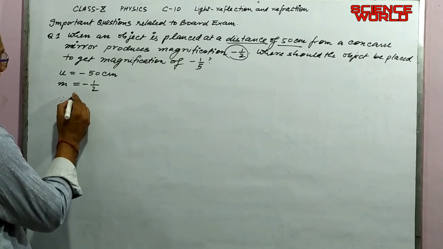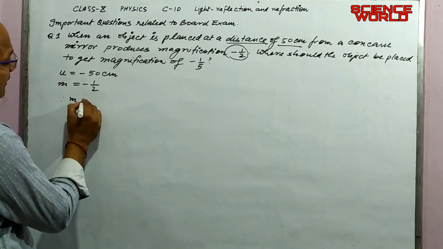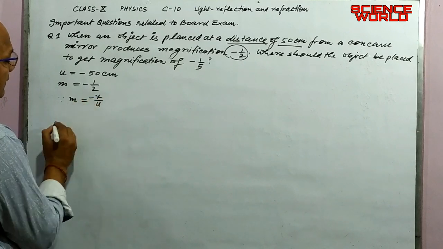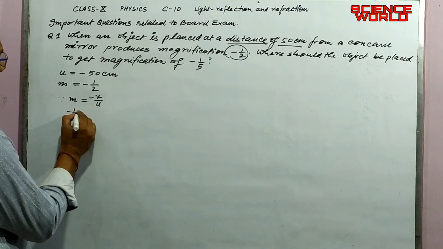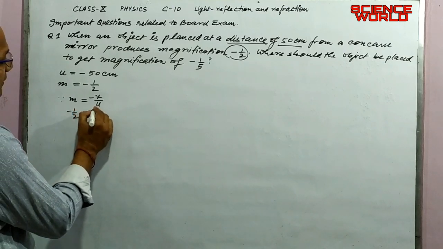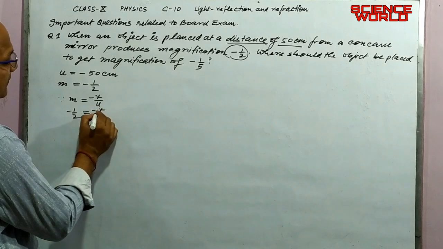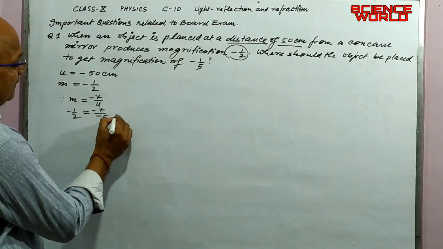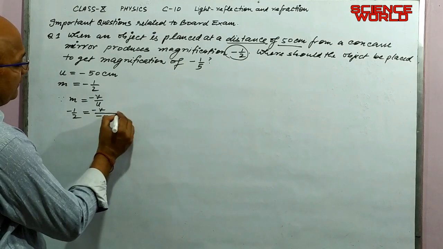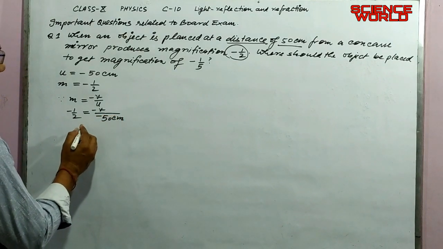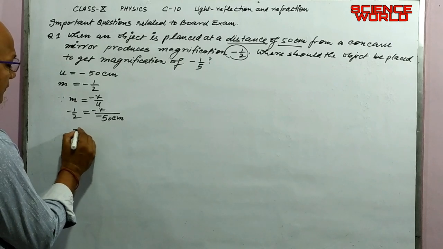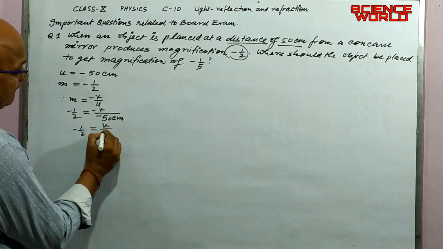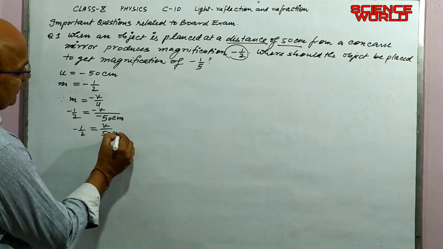So, we will use magnification formula. Since m equal to -v/u for mirror, -1/2 is equal to -v/-50 centimeter, or you can write -1/2 is equal to v/50 centimeter.